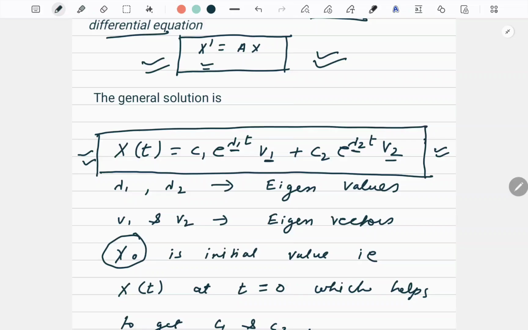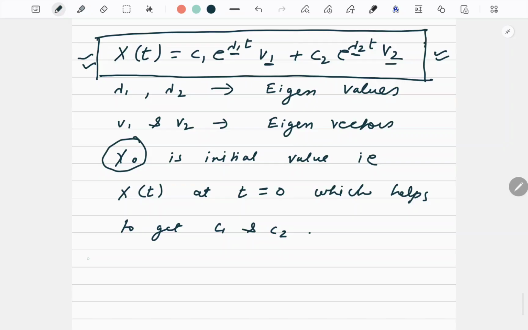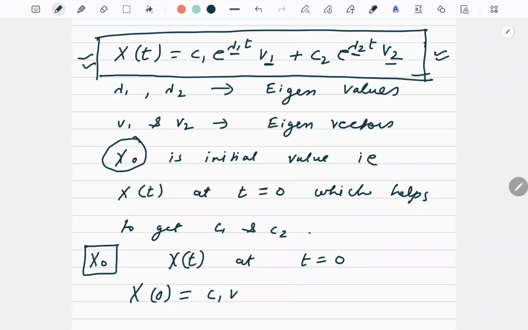So what is the concept? How will I proceed for the question? See, every question they will give me x0, which means the value of x(t) at t is equal to 0. Now just put t is equal to 0 here. What you will get? x0 is equal to C1 V1 plus C2 V2.